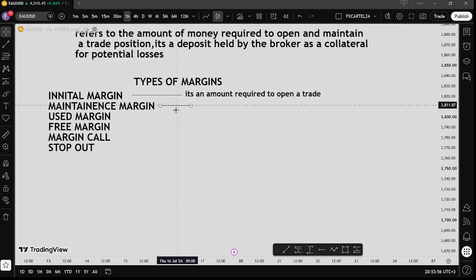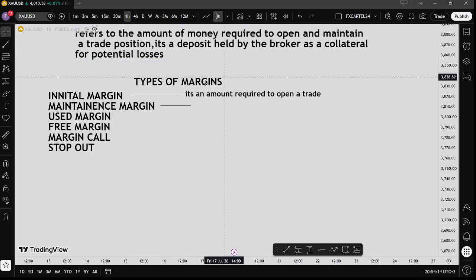But if it is small and you enter a standard lot, it will tell you low money or not enough money. Not enough money means you don't have enough collateral.